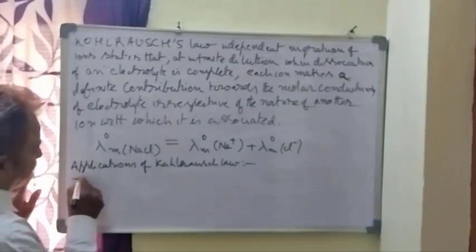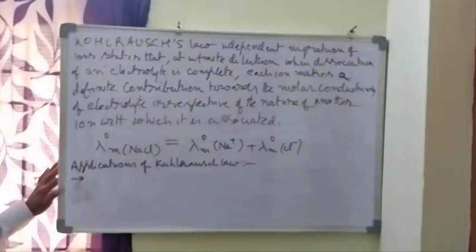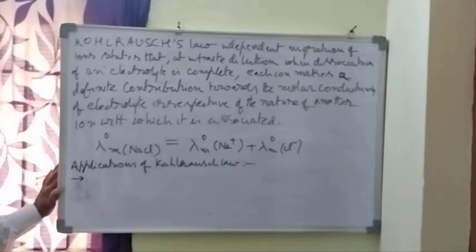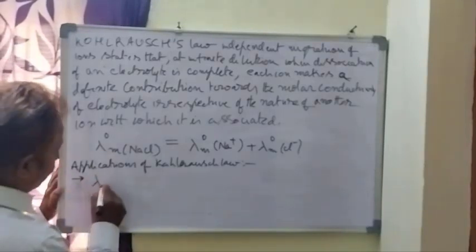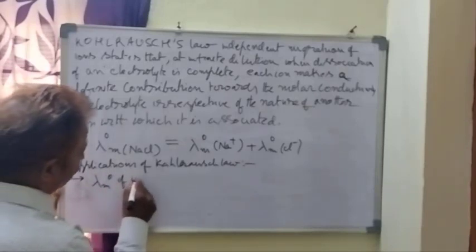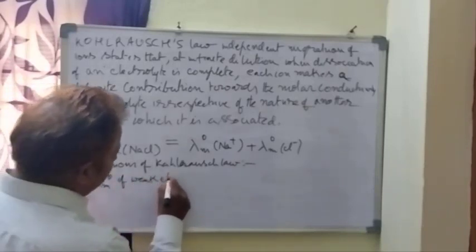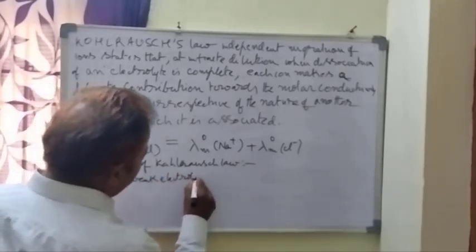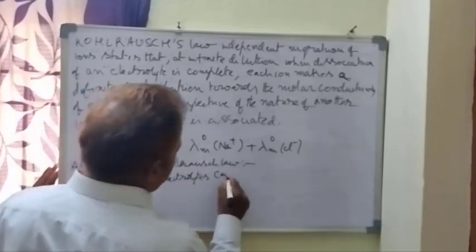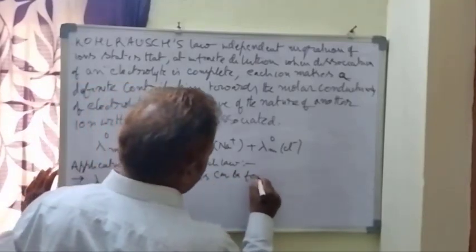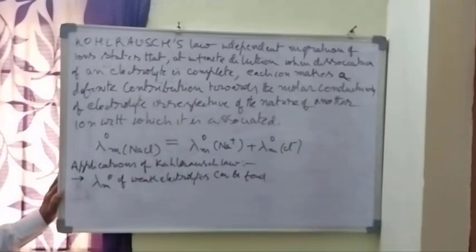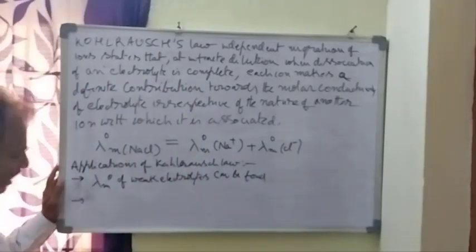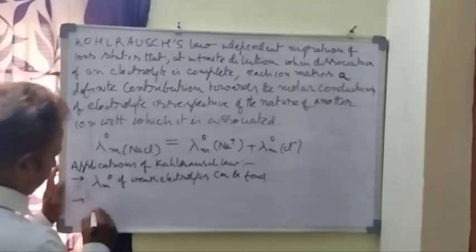Therefore, by using this Kohlrausch law, we can find the limiting molar conductivities of weak electrolytes. Lambda m naught of weak electrolytes can be found. We can find the degree of dissociation of weak electrolytes.